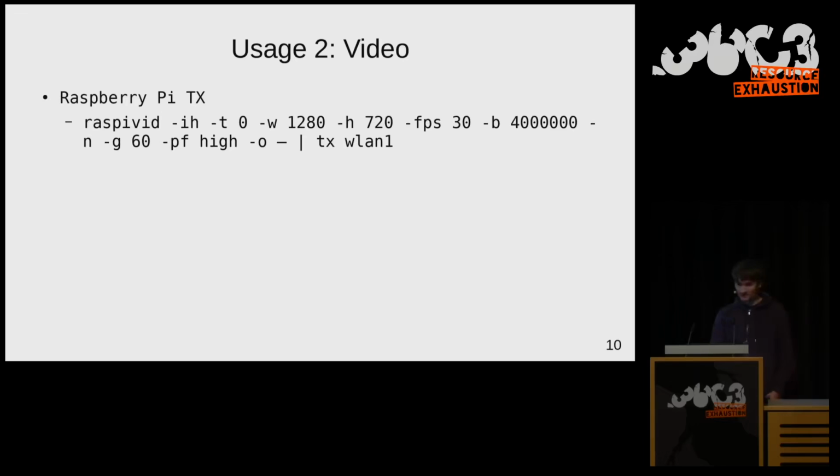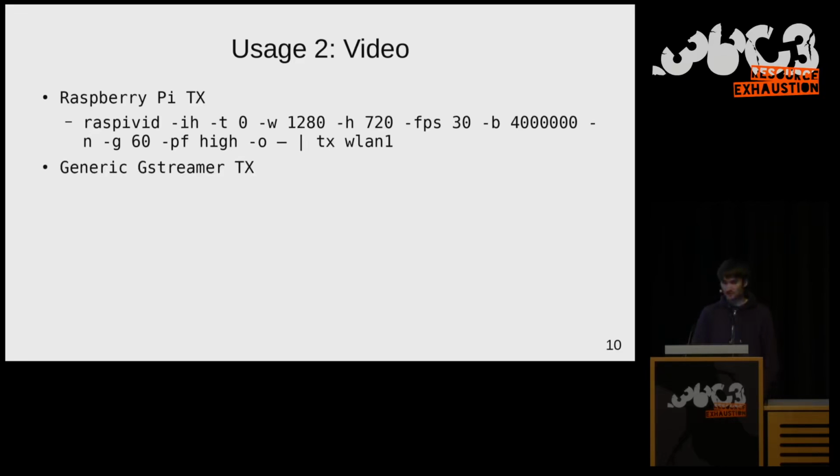The first part of this, from here to the pipe, is simply a standard Raspberry Pi tool that outputs H.264 compressed video data on STD out. And again, you pipe that into the TX program, and it will immediately be sent out into the air. There's no need to have any receiver enabled. It will just be emitted in the air.